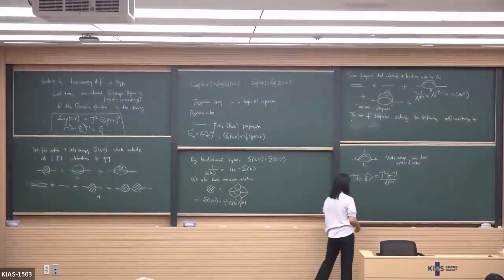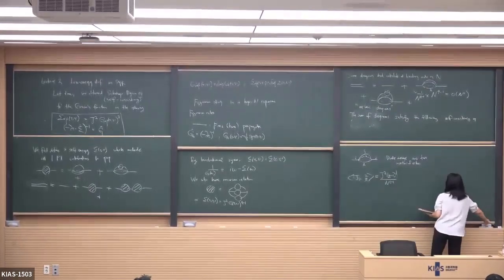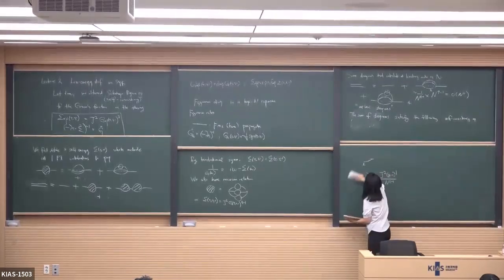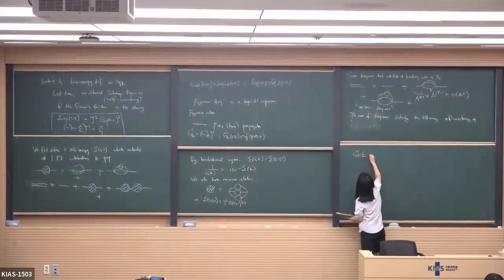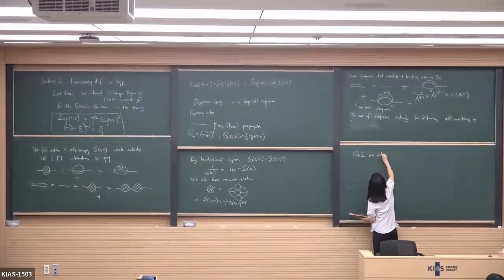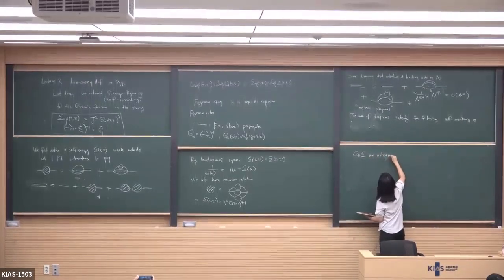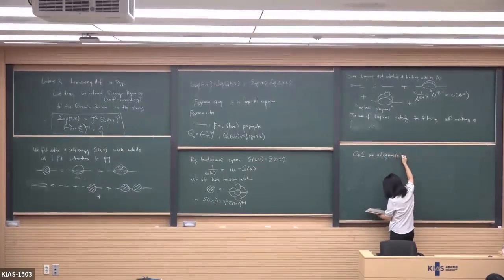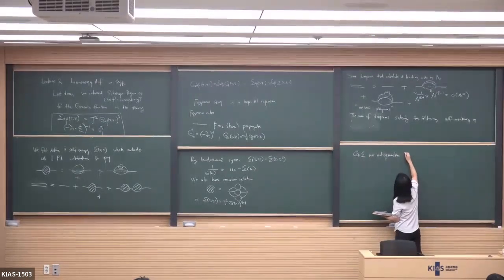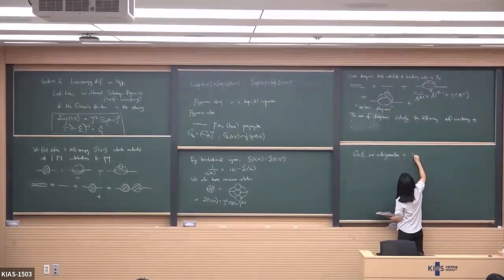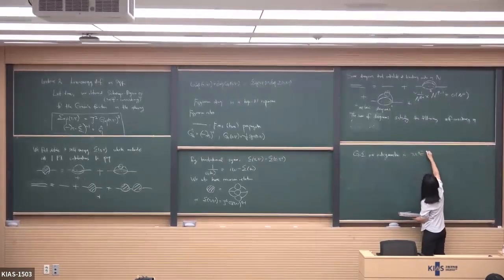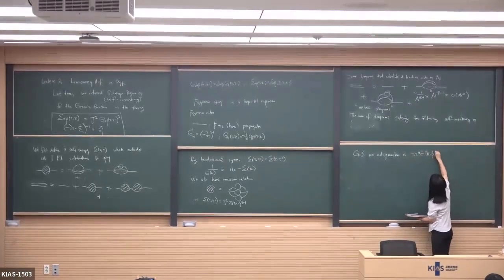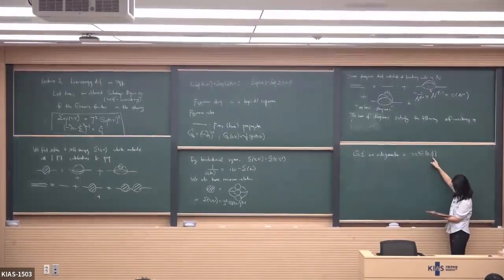So when we solve the Schwinger-Dyson equations, we have to keep in mind that they are anti-symmetric in tau and tau prime, which can assume values between 0 and beta.